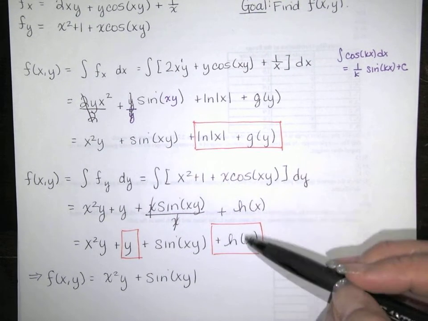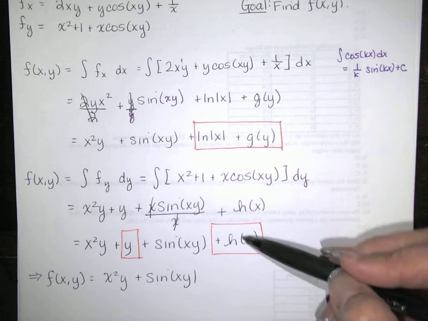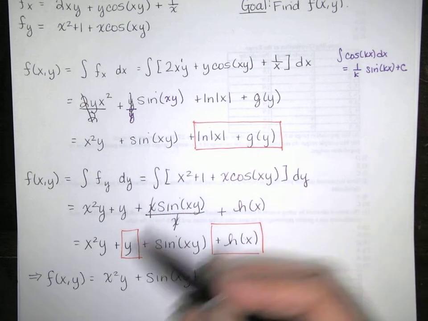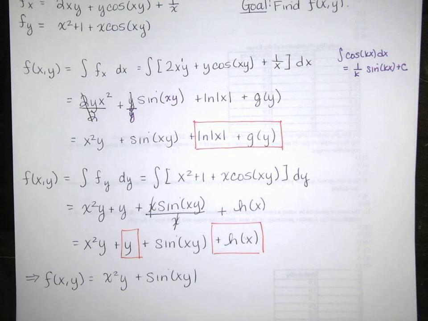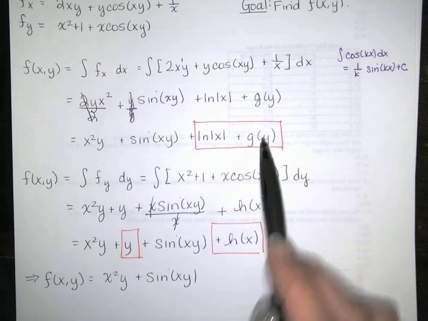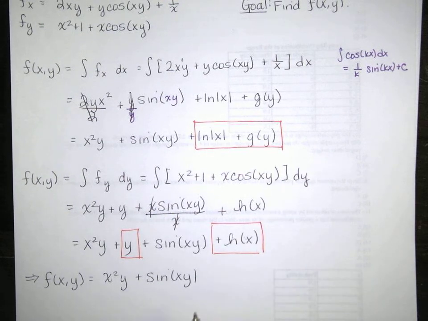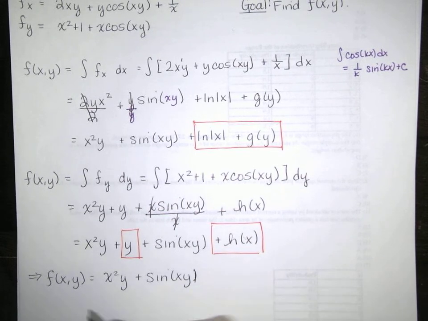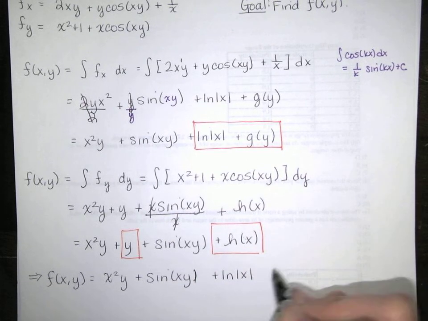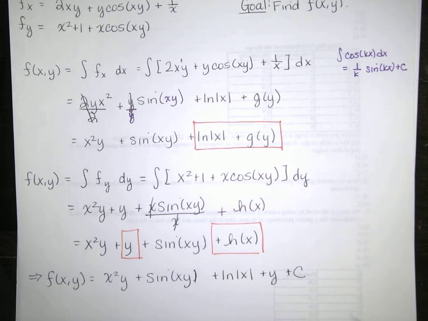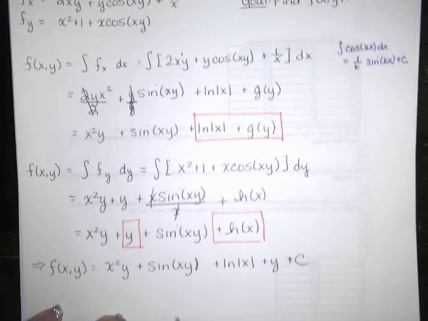Well, with that in mind, I think h of x has to be natural log of x, and g of y must be y. And there should probably be an extra constant of integration in there as well. So maybe g of y is y plus c, and h of x is natural log of absolute value of x plus c. So f of xy is this plus natural log of the absolute value of x plus y plus c.